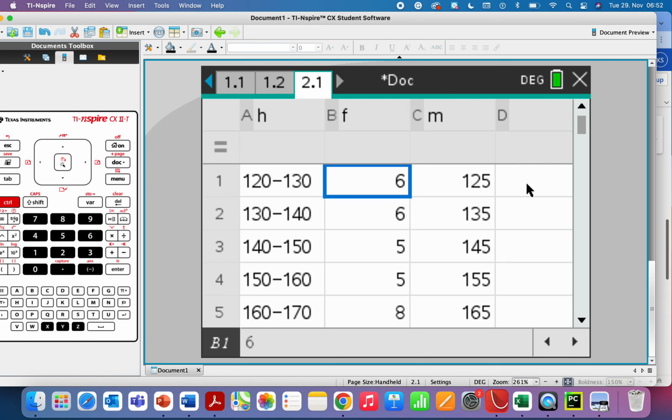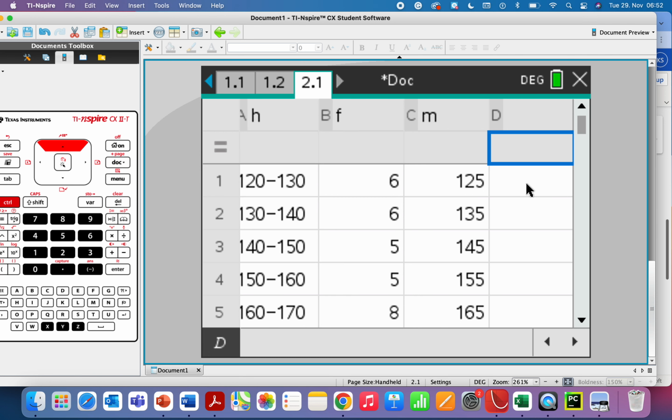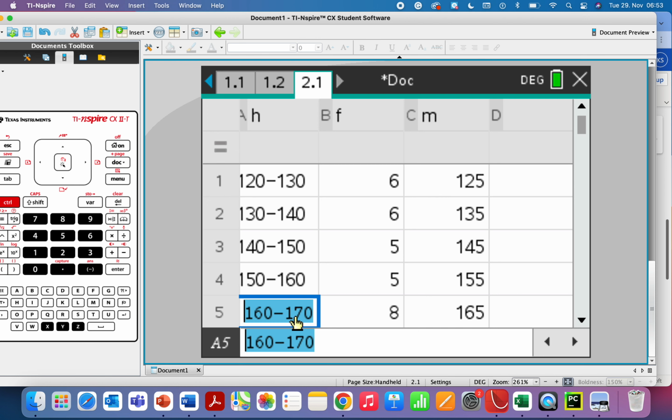So now we're going to work out all of the interesting values, but first of all we'll do the mode, the most popular height. Well look, there are lots of people, 8 of them, between 160 and 170. When we talk about the modal height, we say the modal class. Each of these groups is called a class, C-L-A-S-S, and a class is just a group of things.